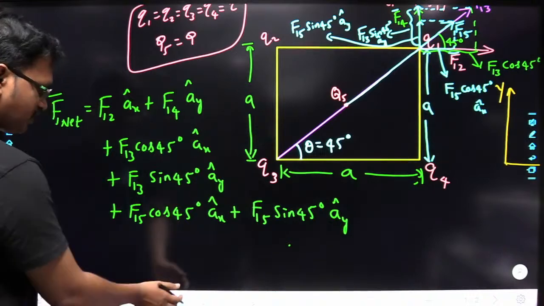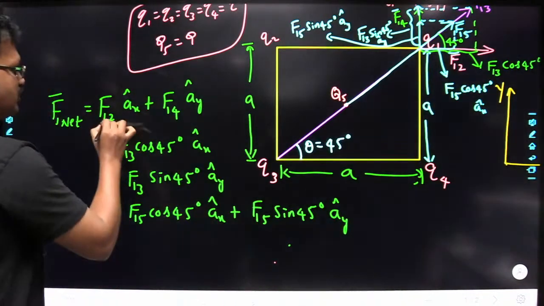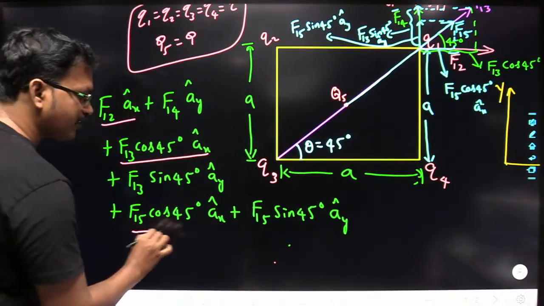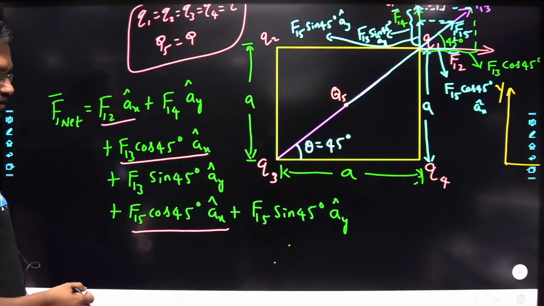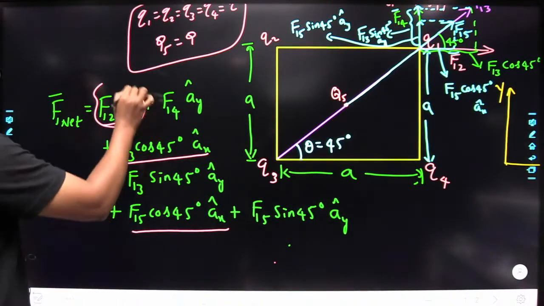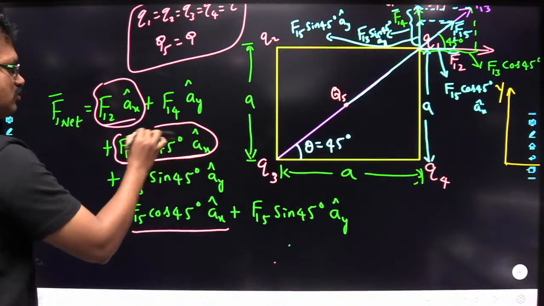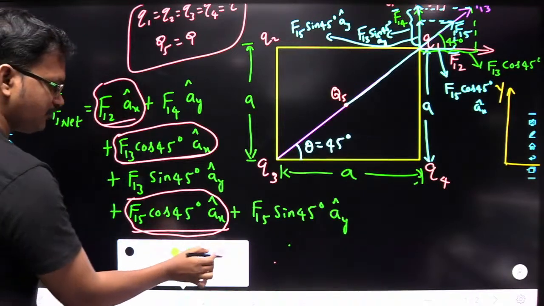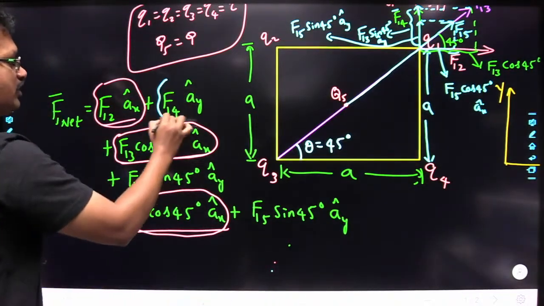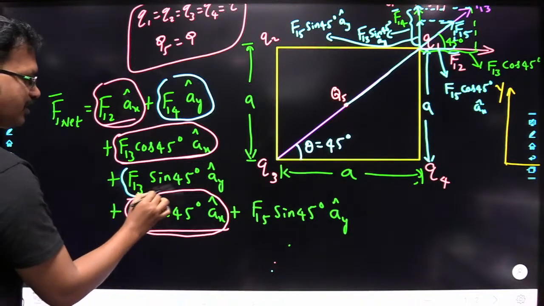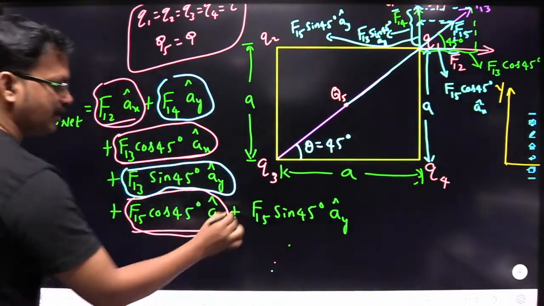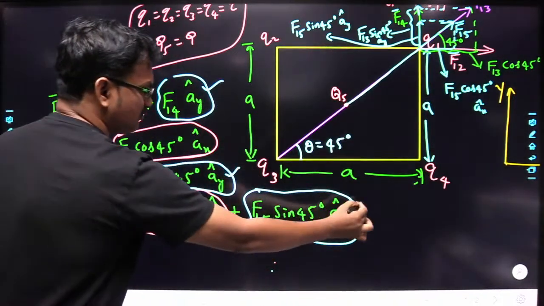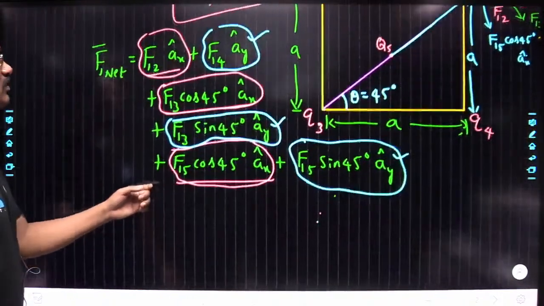Okay. Now if you observe here, F12 ax cap, next F13 cos 45, and then F15 cos 45. All these are nothing but x components. Yes or no? Next, if you observe F14 ay cap, and then F13 sin 45 ay cap, and F15 sin 45 ay cap, all these are nothing but y components.